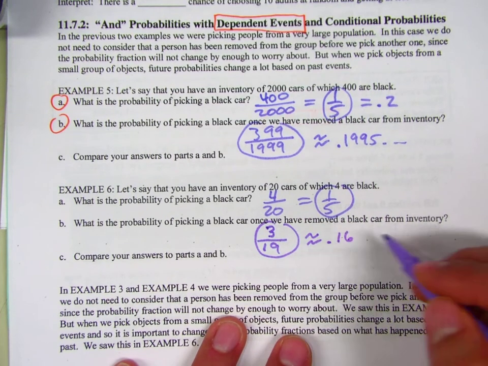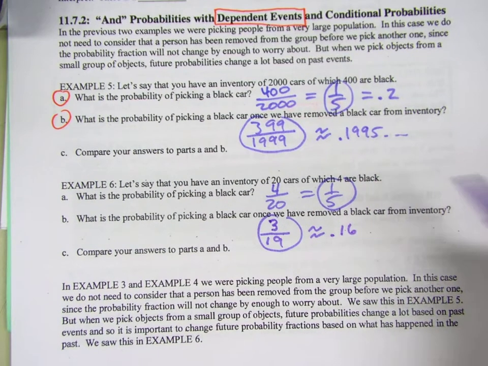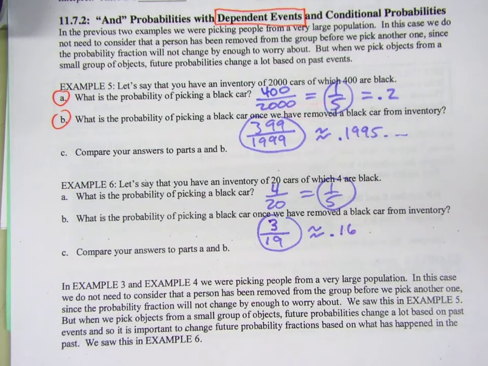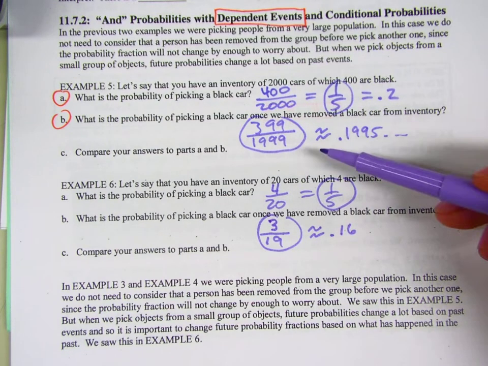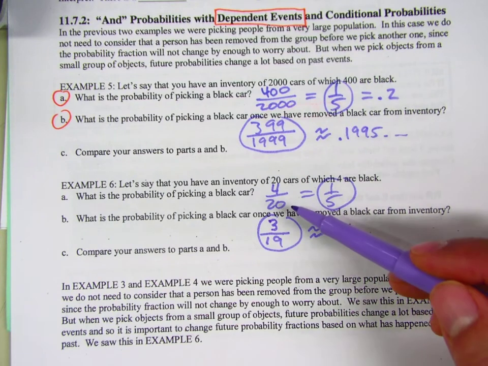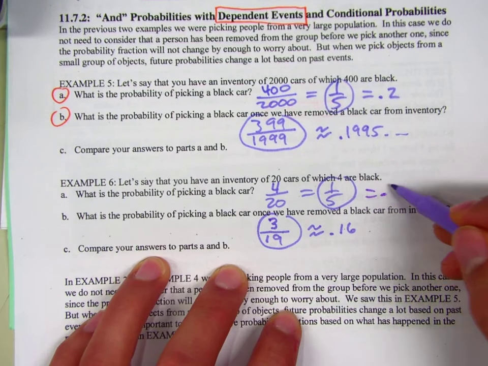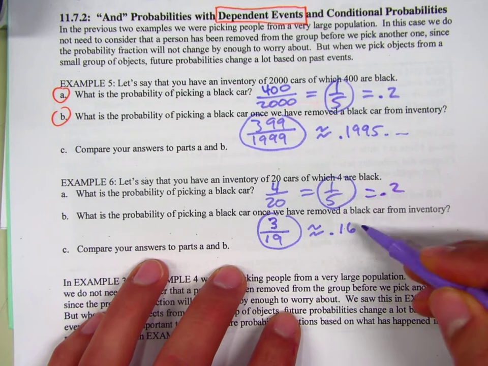So about 0.16. Okay, so here's all you need to really understand from this. When we're looking at something with a lot of population, in this case, a lot of cars, removing one from the sample does affect the probability, but not by much. When the sample size is smaller, you can see that the drop is much more significant.